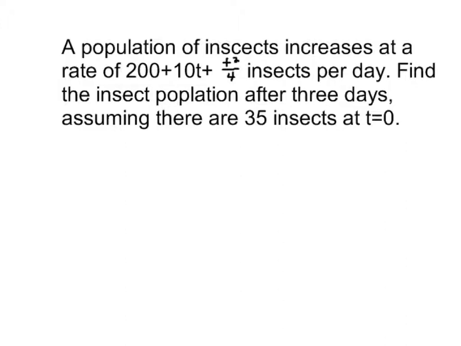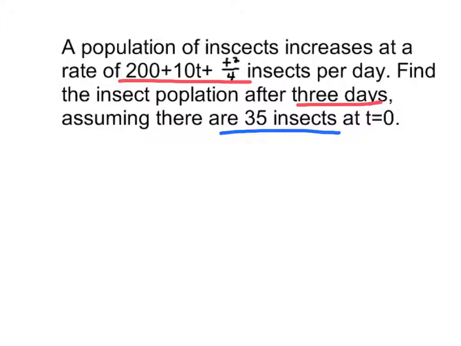Find the insect population after 3 days, assuming that there are 35 insects at time t equals 0. Well, if I integrate this from 0 to 3, that's going to give me the total change in population for the first 3 days. But then I need to remember that there are 35 insects at t equals 0.